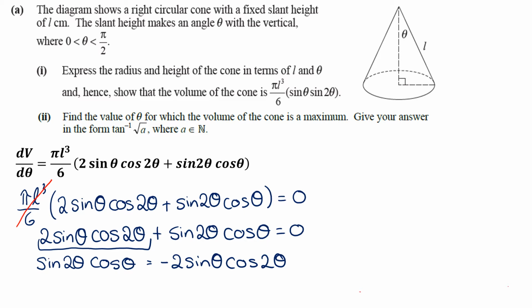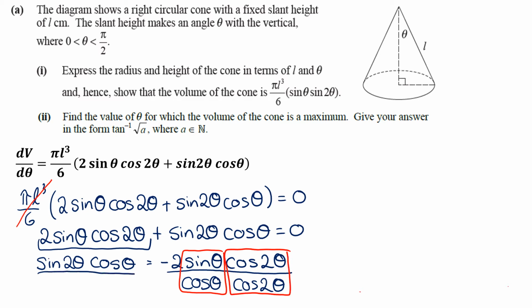Now, a hint, and we can start looking at this now, is that the form they want it in is a tan. So if I look at what I have, sine divided by cos will give me tan. So if I divide this side by cos theta, which makes this a tan theta, and this by a cos 2 theta, which effectively cancels this piece out, and I do it to the other side as well, so cos 2 theta, I'll just write them the other way around.